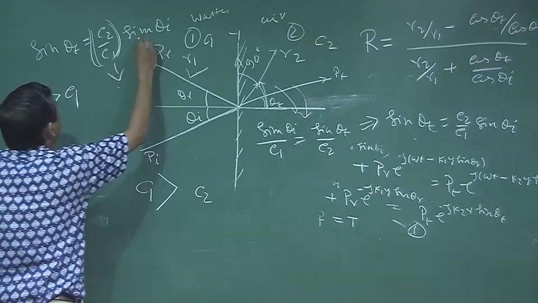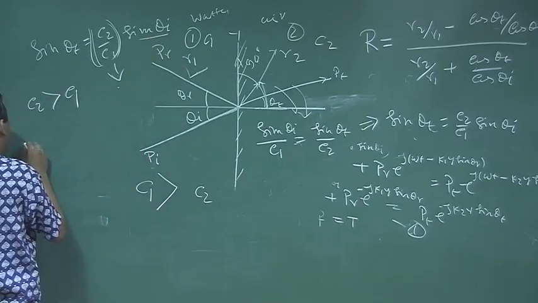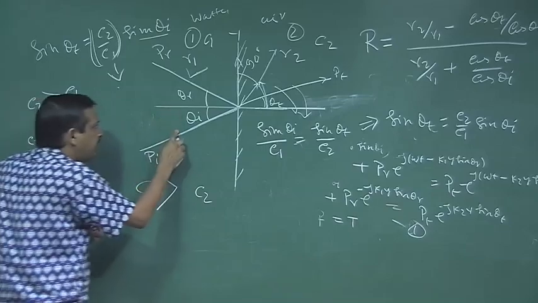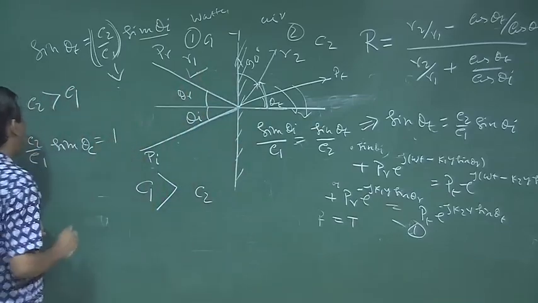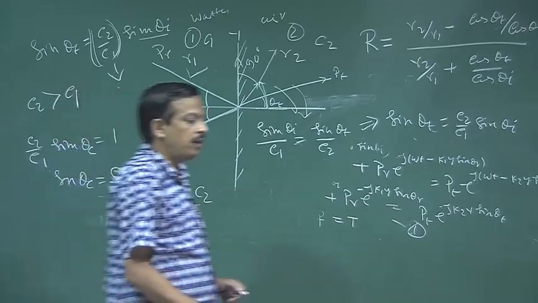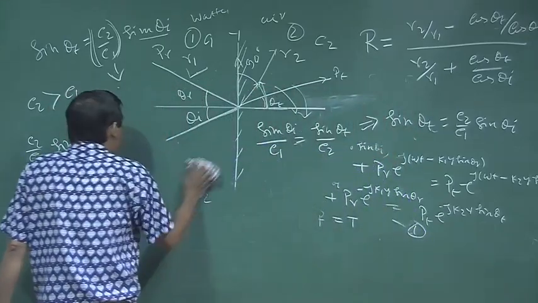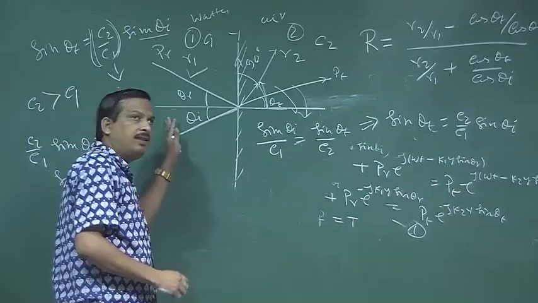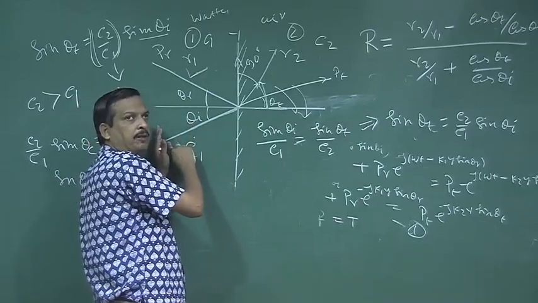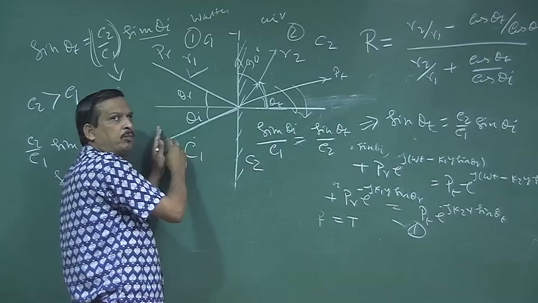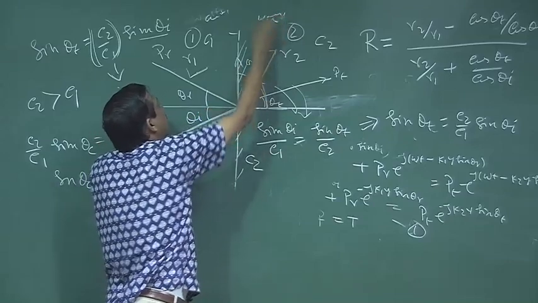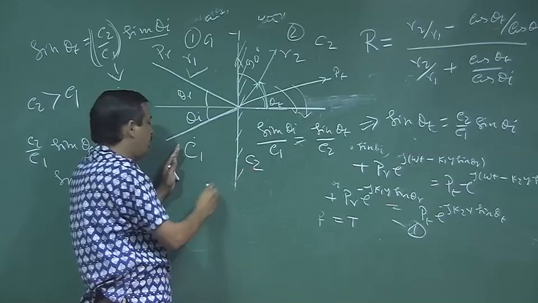So, if theta I is the critical angle, then C2 by C1 into sin theta c, the angle of incidence for which the angle of transmission is 90 degrees, is equal to 1, or sin theta c is equal to C1 by C2, where C1 is the velocity in medium 1, the incident wave, and C2 is in medium 2. So, if a pressure wave comes from air to water, the velocity of sound in air is C1 and C2 is greater than C1.